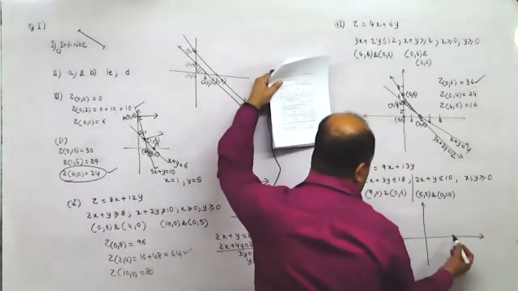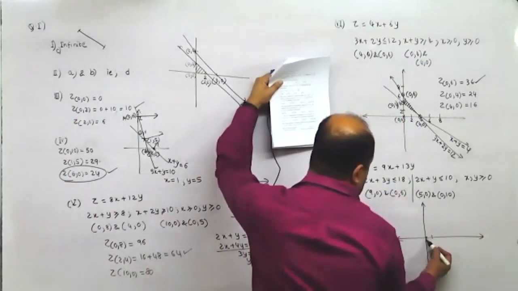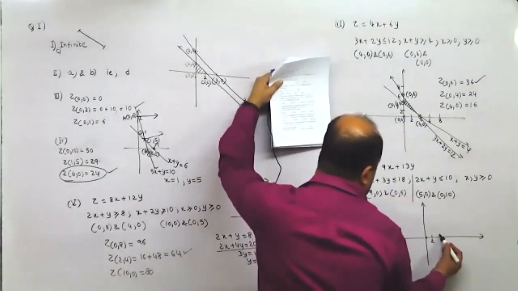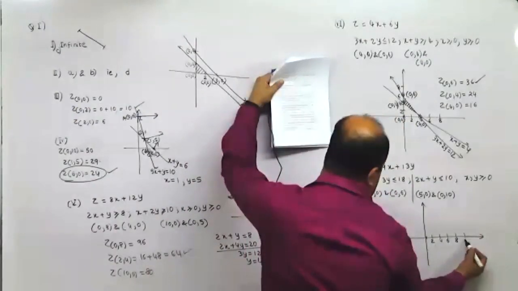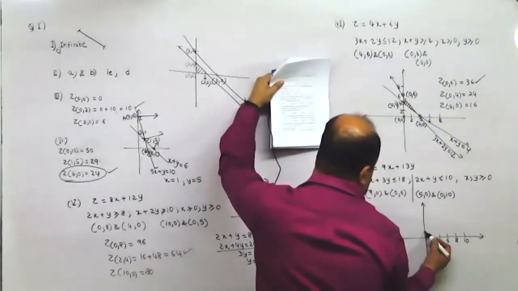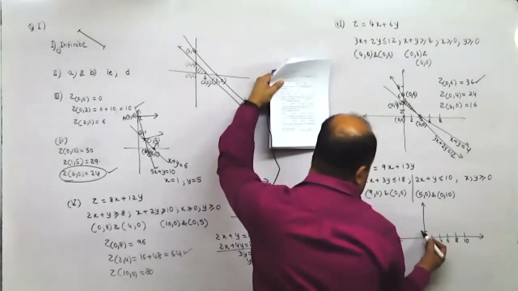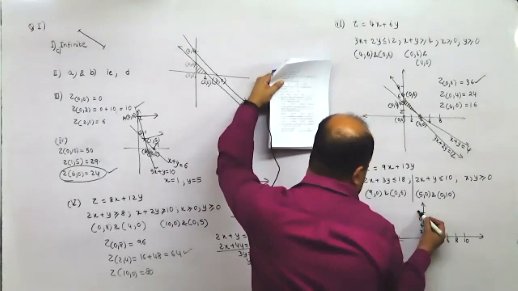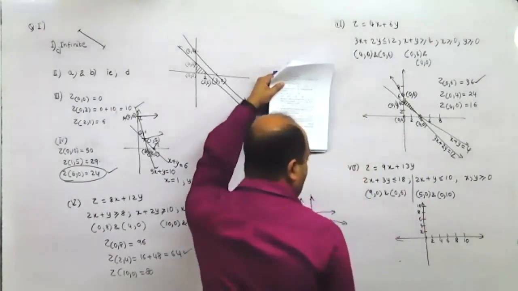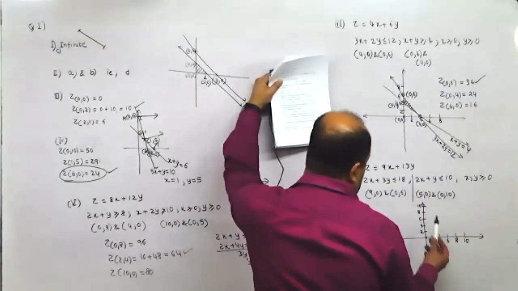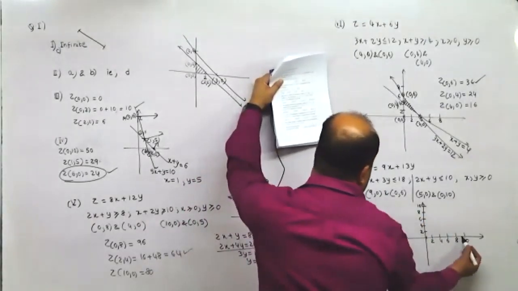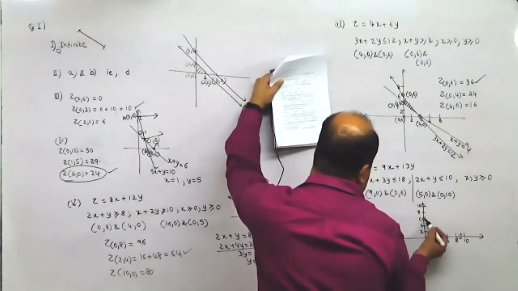Here, 2, 4, 6, 8, 10. So here this would be 9, 0. This is 0, 6.